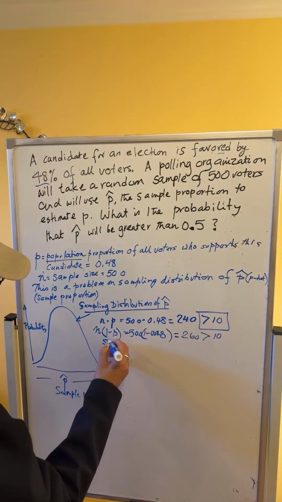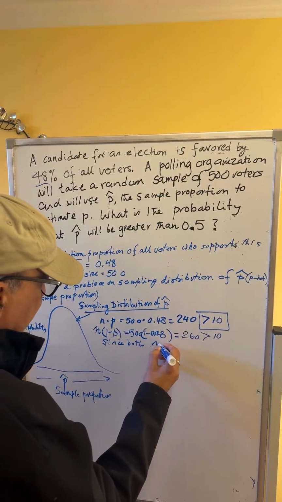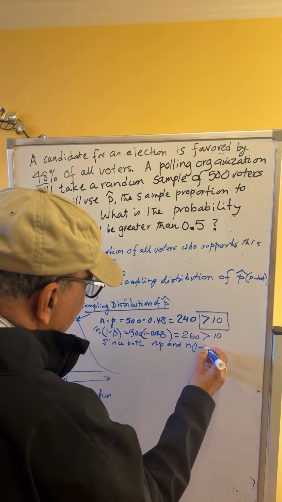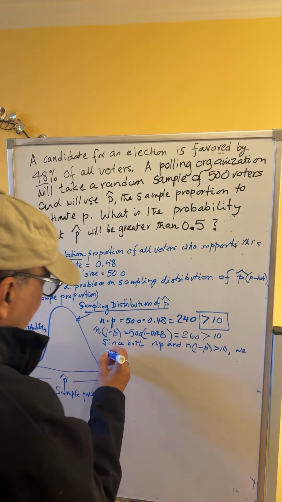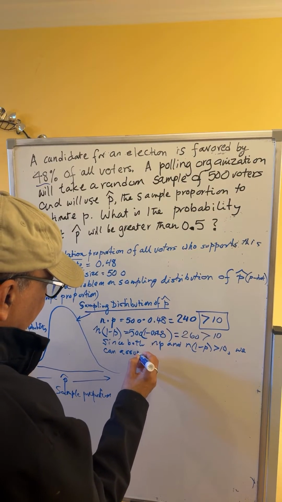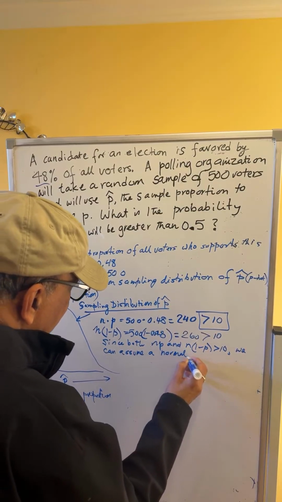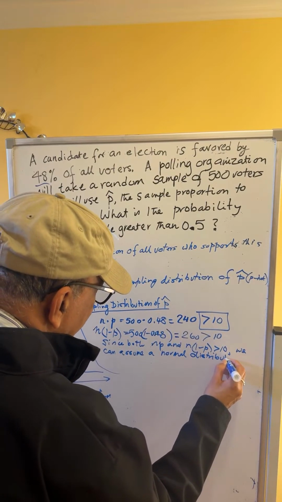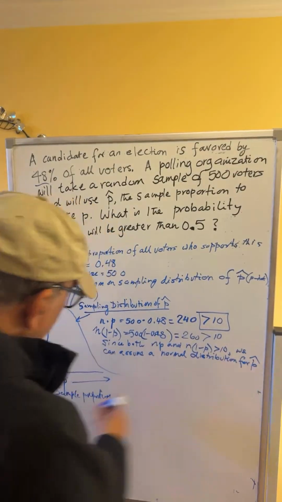Since both n times p and n times 1 minus p are greater than 10, we can assume a bell-shaped distribution, a normal distribution for p hat, like what we have done.